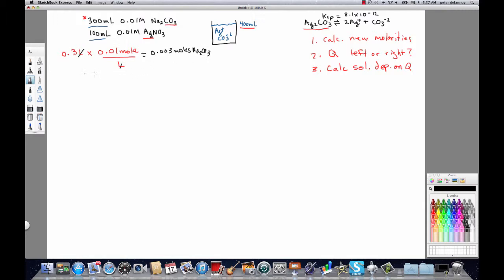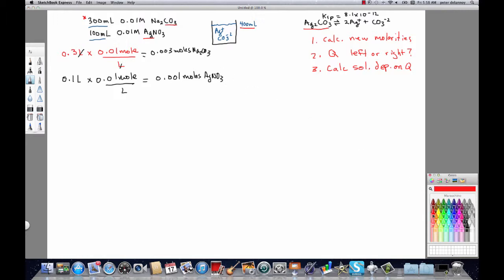And similarly, for the silver nitrate, we have 0.1 liters instead of 0.3, so it'll be 0.1 liters times 0.01 moles of silver nitrate per liter. So we end up with 0.001 moles of the silver nitrate.